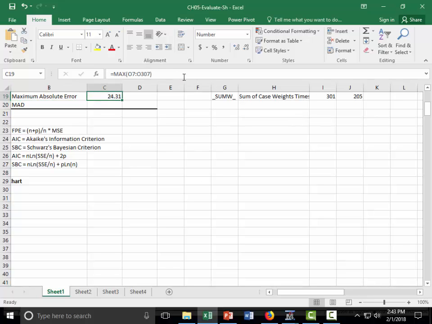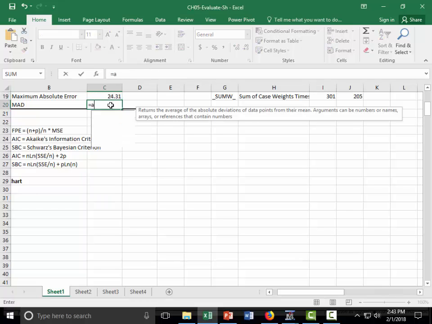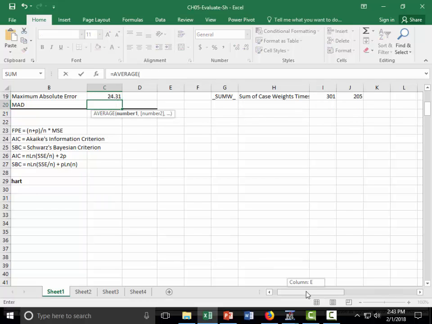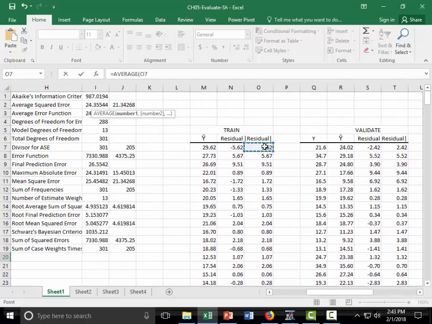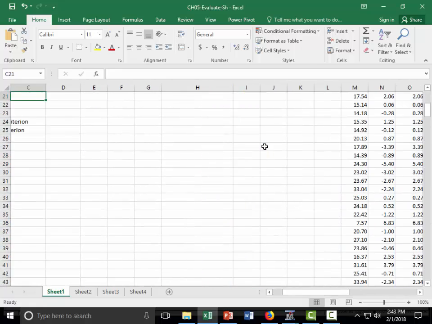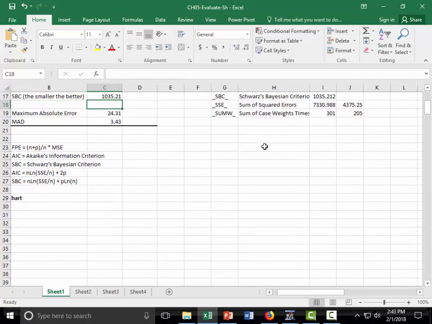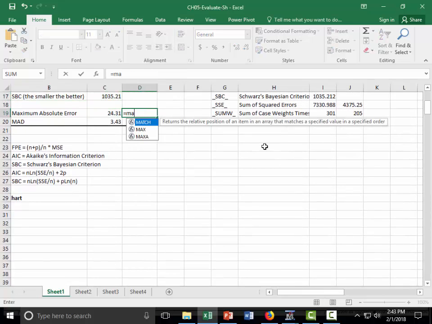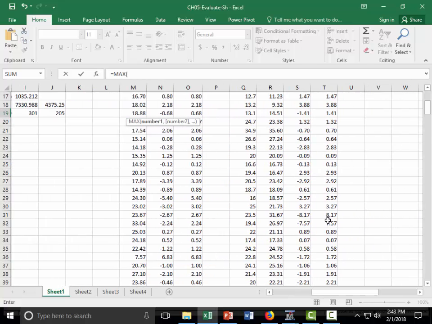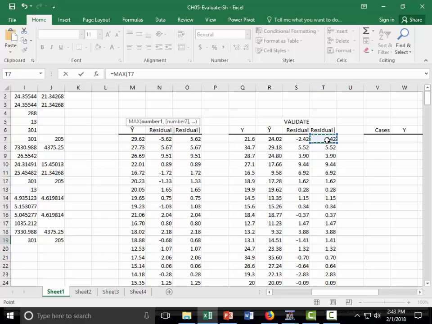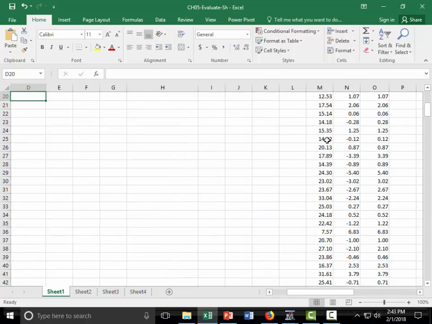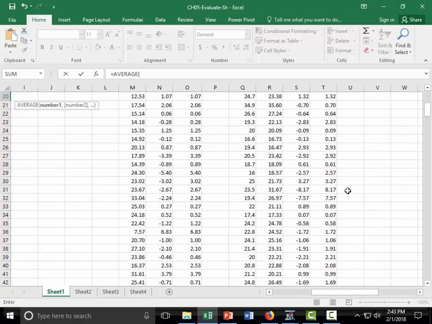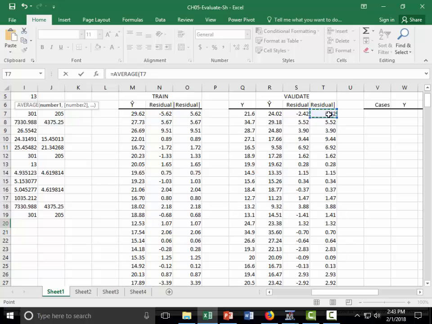For the average, you do the same thing. And you do the same for the validation set: the absolute value of the residuals, then you do the average.